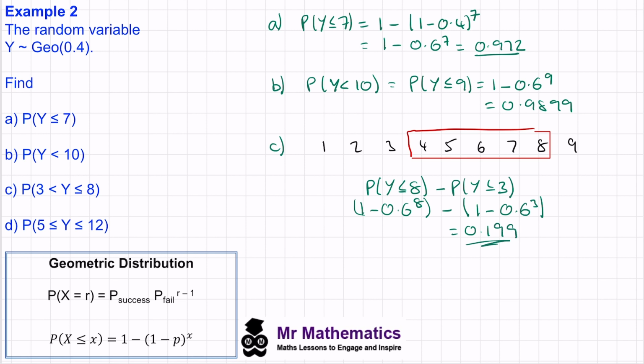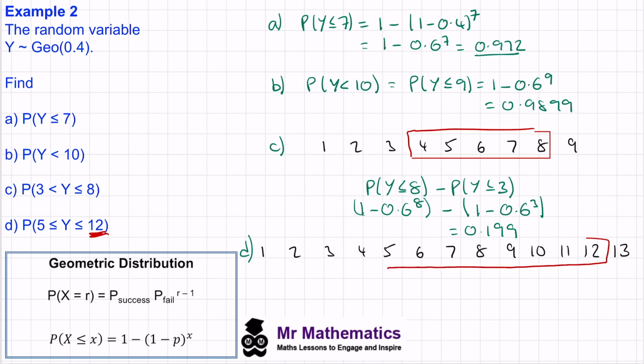And for question D, again, I'm going to write the list from the 1st to the 12th or more outcomes. So we're told the greatest number of times it can happen is 12. So we'll start at 12. And it can happen on the 5th attempt. So we'll include the 5.